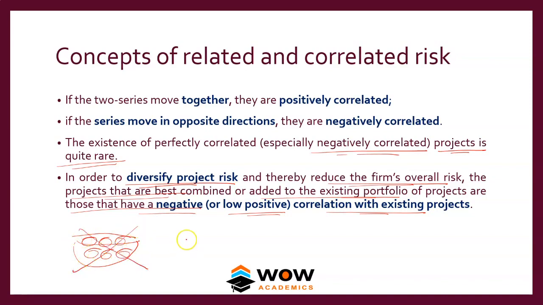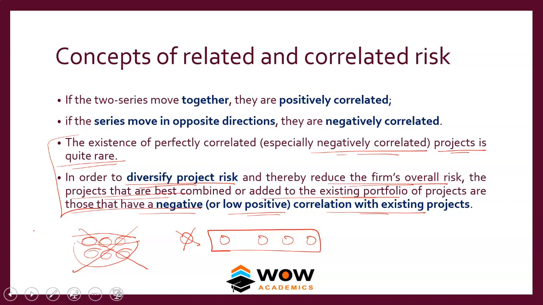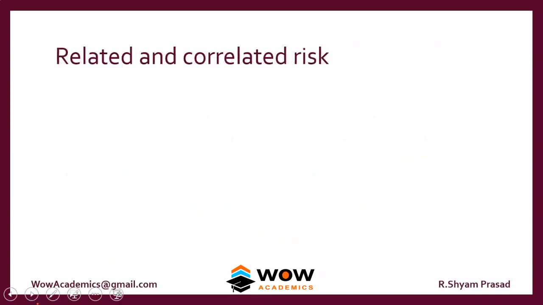If you place the 10 eggs in small different boxes, even if one breaks, the others will remain safe. So the concept works like this: you should have assets which are low correlated or negatively correlated. But in reality, projects would usually be positively correlated. That's how reality works.